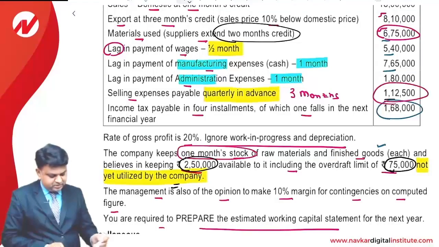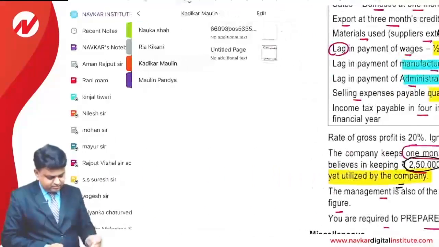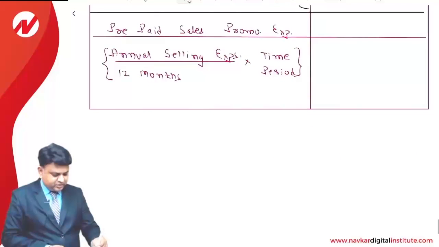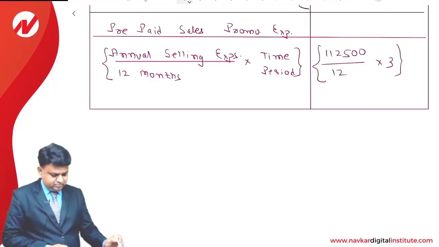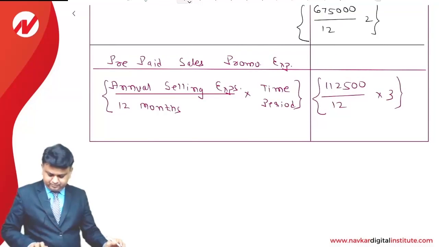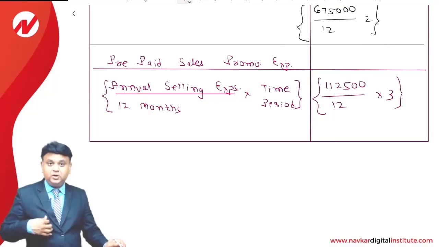Sorry, 1,12,500. So it is 1,12,500 divided by 12 into 3. 28,125.